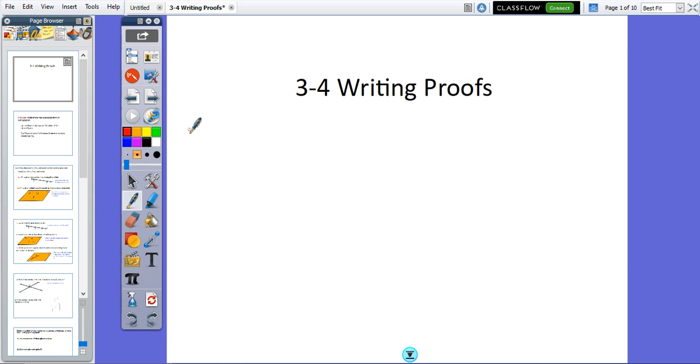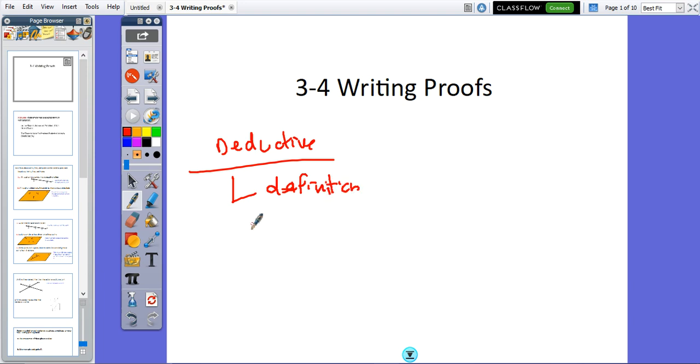So real quick, when we talked about proofs, back when we were talking about deductive reasoning, remember deductive uses facts. So deductive uses certain things. It talked about definitions, so use definitions. What was the other thing it used? It used theorems.